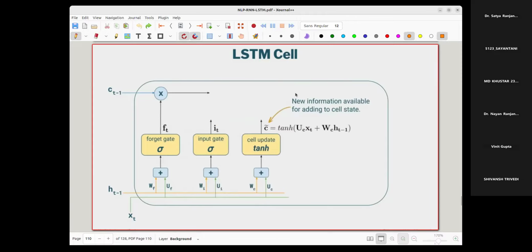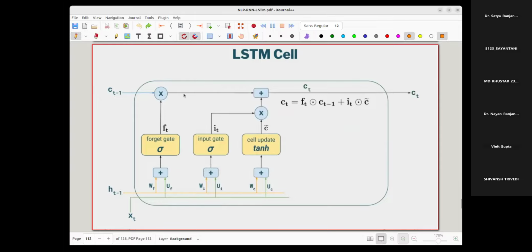For that we have to calculate new information using C tilde, that is tanh of Uc xt plus Wc ht-1, where xt and ht-1 are used with the tanh activation. So it will calculate the new information. How much of this new information you need to add to the cell state will be decided by the input gate. You do a similar element wise multiplication, and that will be added to the cell state.